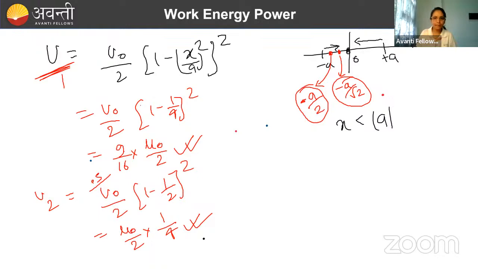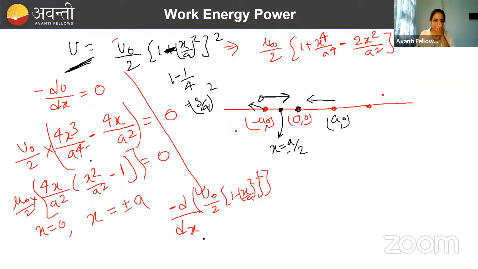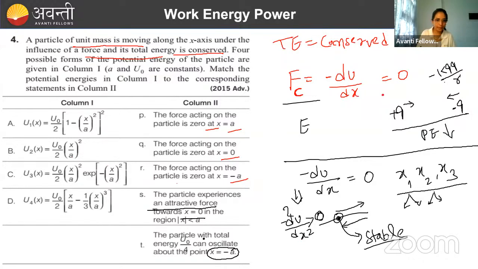So as we are moving in this direction, our potential energy is decreasing. If potential energy is decreasing, it means the force is attractive. So that is correct, and this is how we had to check.